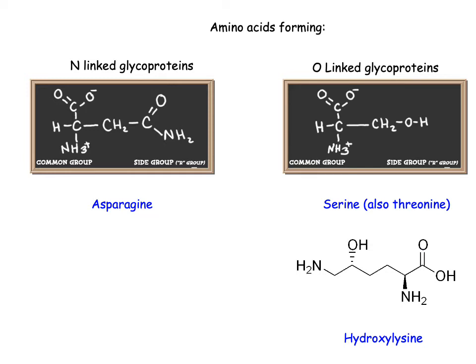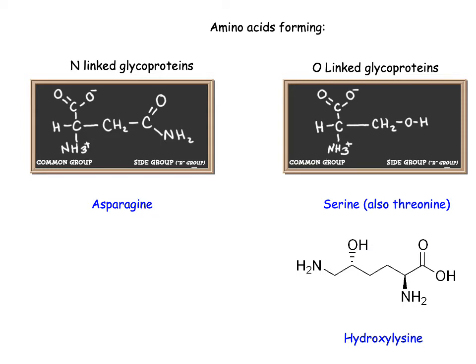Now, you may not recall seeing hydroxylysine in the list of 20 amino acids that are incorporated into proteins. That's because it's not one that is. It is derived by a post-translational modification of a lysine. So the lysine gets incorporated into the protein. After that protein is made, then it's converted to hydroxylysine.